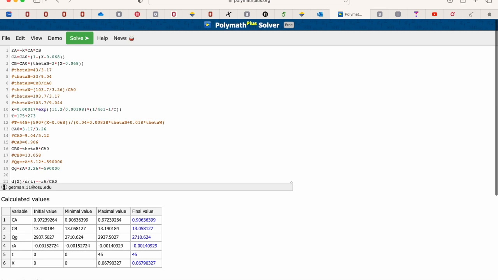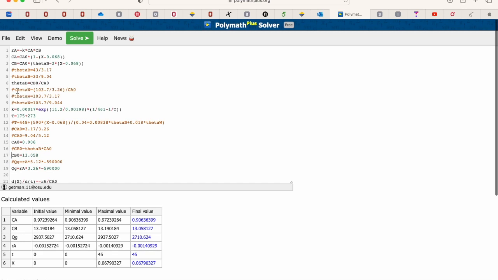Then I'm going to take my theta b based on the concentrations that are in the reactor at the beginning. Those are these values here that I copied off of the output down here. That gives me my theta b.